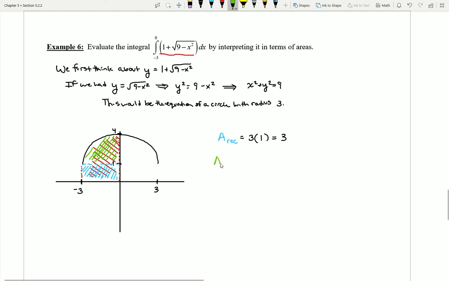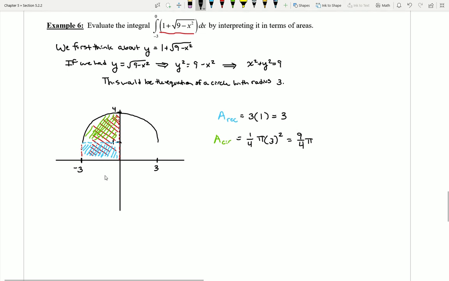Now, if I wanted to find the area of my circle, I recognize I'm going to need to use the area formula for a circle, which would be pi r squared. But since I only want a quarter of the circle, I don't want the full area, I'll just multiply this by a quarter. And I just need to know what the radius is for this circle. Oh, and we already said it was radius 3. So if I simplify this out, 3 squared is 9, so I'm going to get 9/4 pi. That's the area.